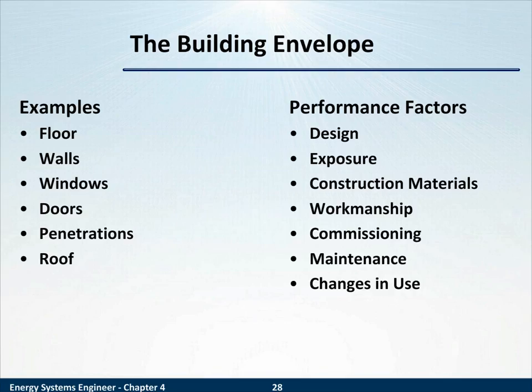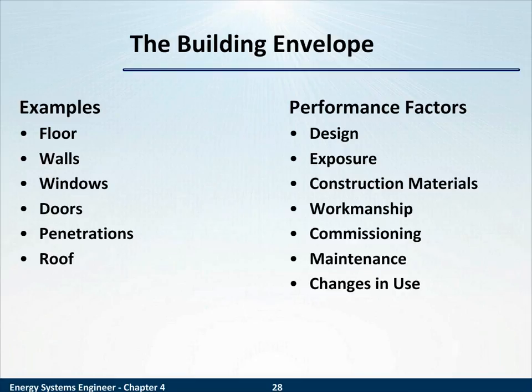In summary, we have defined the building envelope as any component, including floors, walls, windows, doors, any penetration, or the roof, that provides separation between the inside and the outside for the purpose of controlling the temperature, the noise, air quality, moisture, or any other of these cross-boundary variables.